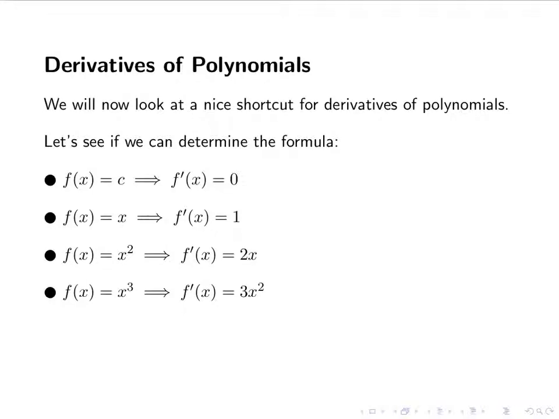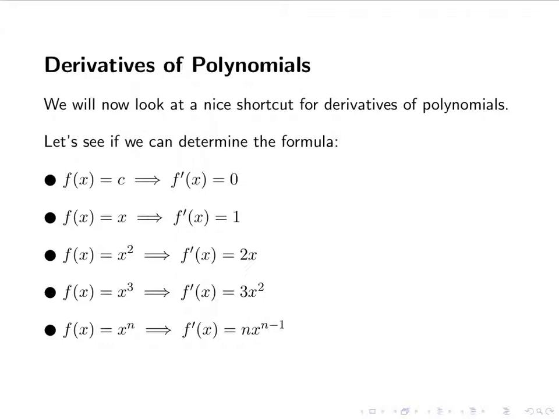Okay, so if I continue going down, I would have the derivative of x to the 4th is 4x cubed. The derivative of x to the 5th is 5x to the 4th. And in general, if f of x equals x to the n, then to find the derivative, we bring down the n as a coefficient, and then our exponent is our previous exponent minus 1.